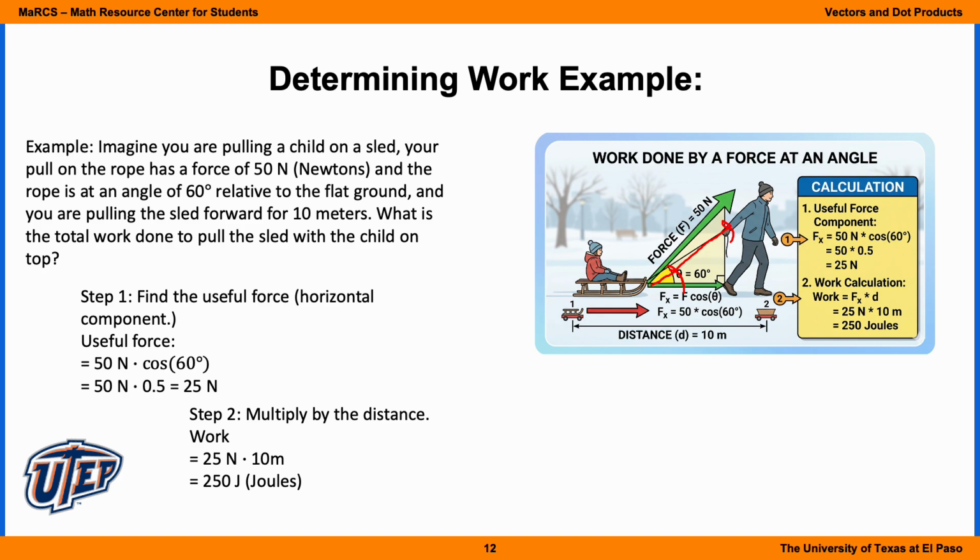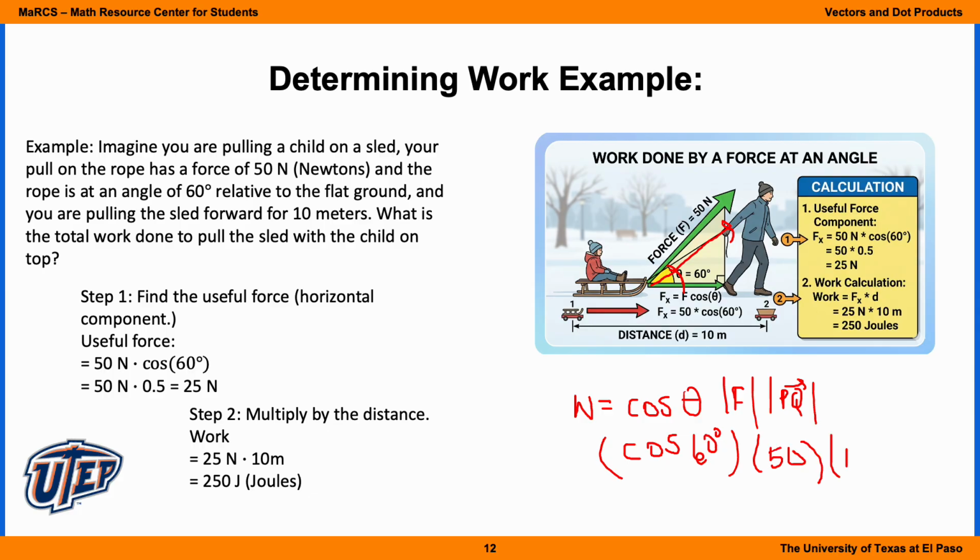So now using the formula, we have work is equal to the cosine of theta times the force times the distance. So we're given 60 degrees for theta. We had a force of 50 newtons and a distance of 10 meters right here. So cosine of 60 degrees is equal to 1/2.